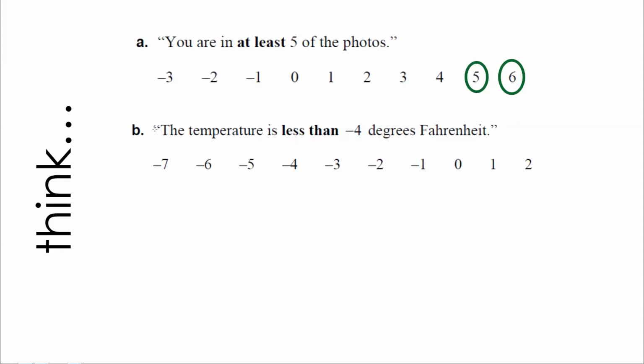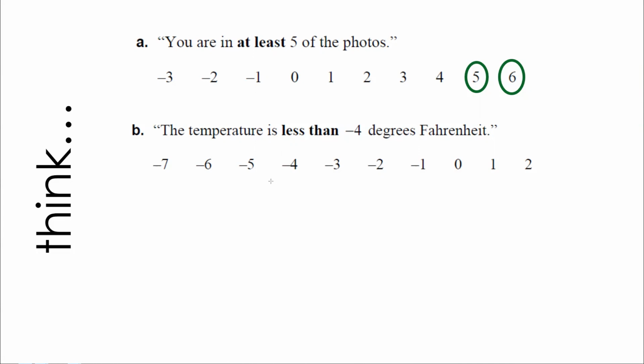Statement B says the temperature is less than -4 degrees Fahrenheit. So if it's less than -4 degrees Fahrenheit, does that include -4 degrees Fahrenheit? Hopefully you're thinking no. So it does not include -4 degrees Fahrenheit. So I know that this is going to be my middle ground.